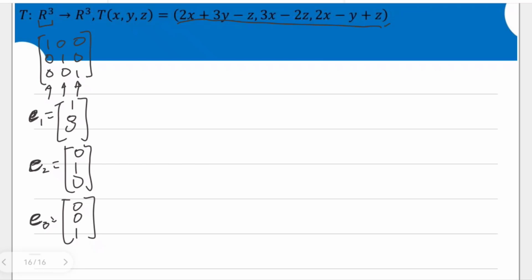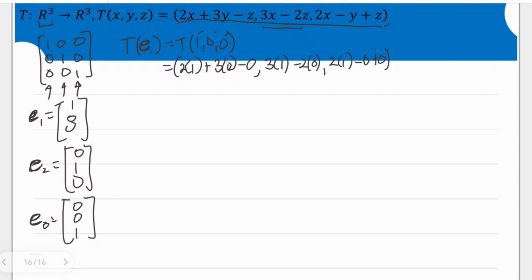So we are going to start with the linear transformation of the first column, which is the linear transformation of 1, 0, 0 in vector form. So this would mean x is 1, y is 0, z is 0. So we have 2 times 1 plus 3 times 0 minus 0. The second entry, 3 times 1 minus 2 times 0. And the last entry, 2 times 1 minus 0 plus 0.